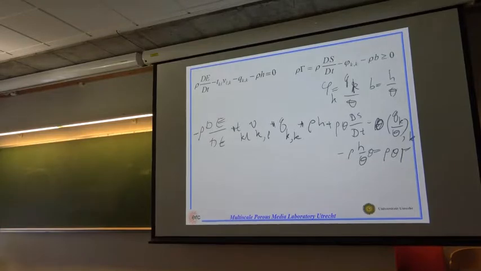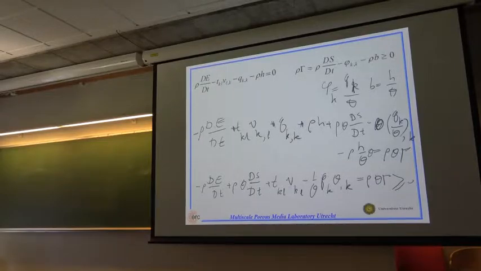So if you put all this together, you get minus rho dE dt, plus rho theta ds dt, plus T_KL V_KL, and then minus 1 over theta Q_K gradient of theta, and finally all of this should be equal to rho theta gamma, and this must be non-negative.